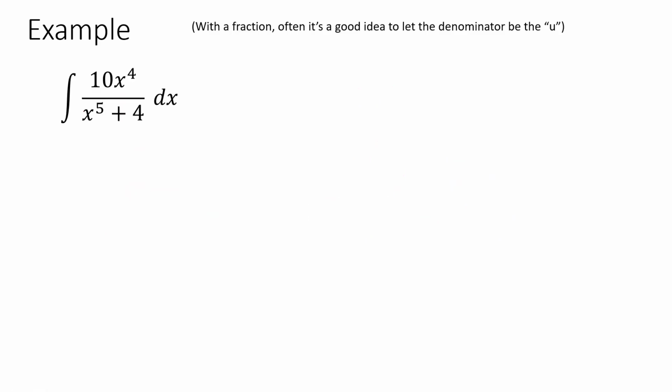All right, one other thing is when you have a fraction, sometimes you're going to get a little confused about what to do. This will not always work, but it's a good idea to try letting the bottom be the u, if you're not sure what else to do, because when you take a derivative, we'll get this.